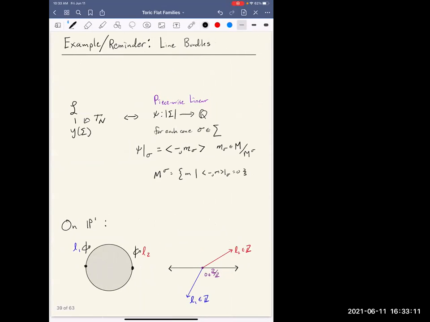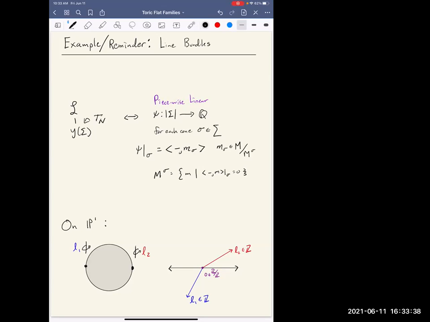Another large collection of these bundles comes from a familiar place: line bundles on toric varieties. So it's well known that if you have a line bundle on a toric variety and you equip it with a torus action, these objects are classified by piecewise linear functions on the fan. So they have a nice combinatorial description, as do a lot of things with toric varieties.